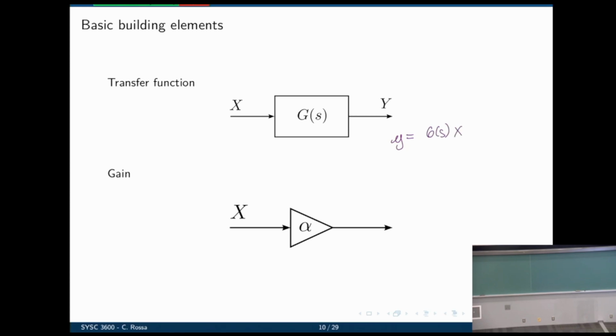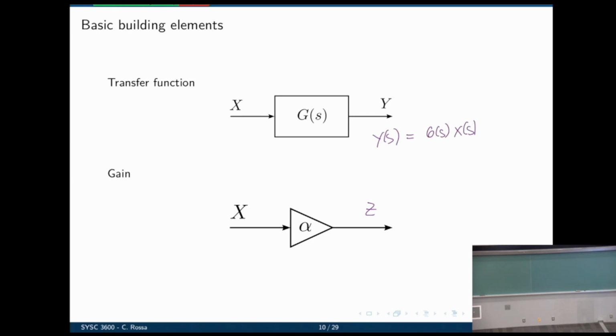Of course, X of S and Y of S. And by convention, we use a square to represent a transfer function with one input and one output. The second element here is what we call a gain, which works like a transfer function, except that what is inside of that element is not a function of S, it's just a constant.